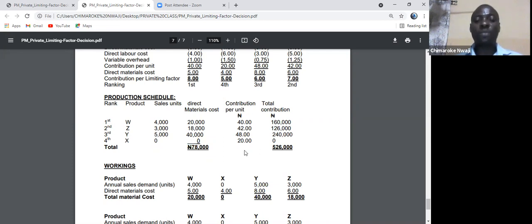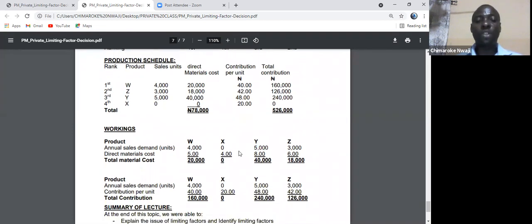Now look at the contribution. How did we get the total contribution? We go back and say W multiplied by 40 naira. X was 0 multiplied by 20. Y was 5,000 multiplied by 48.